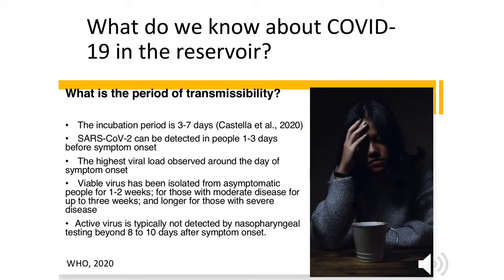So what is the period of transmissibility? We would say that the incubation period for this particular virus is between 3 and 7 days. What that means is that if I come into contact with somebody today, and it is the first of the month, then for the first, the second, the third day, we're probably just now incubating that virus. That's the time that those cells are creating new virus.